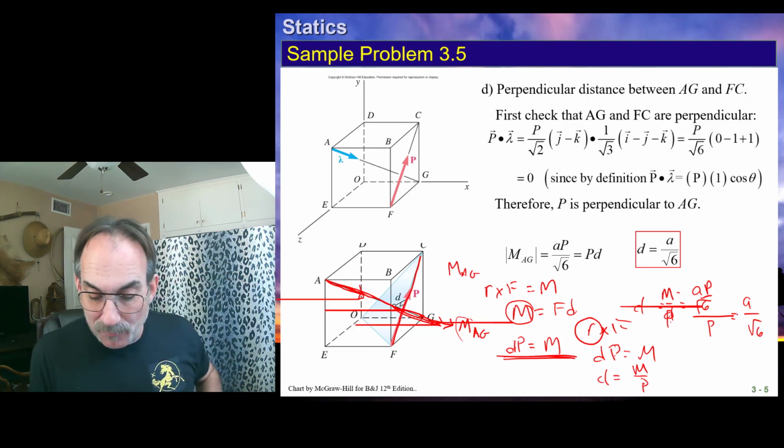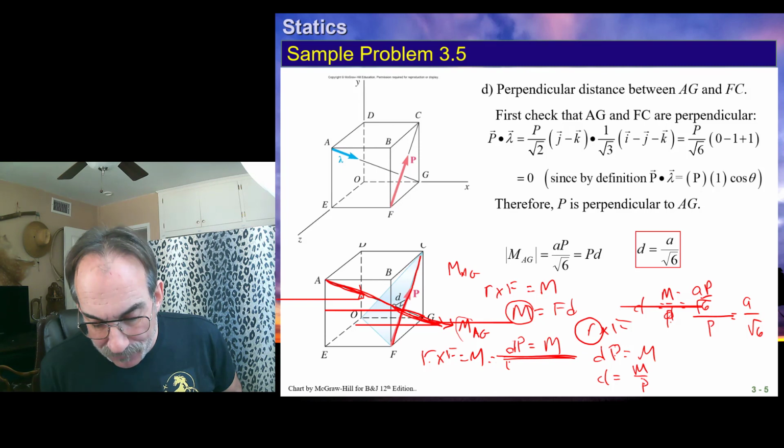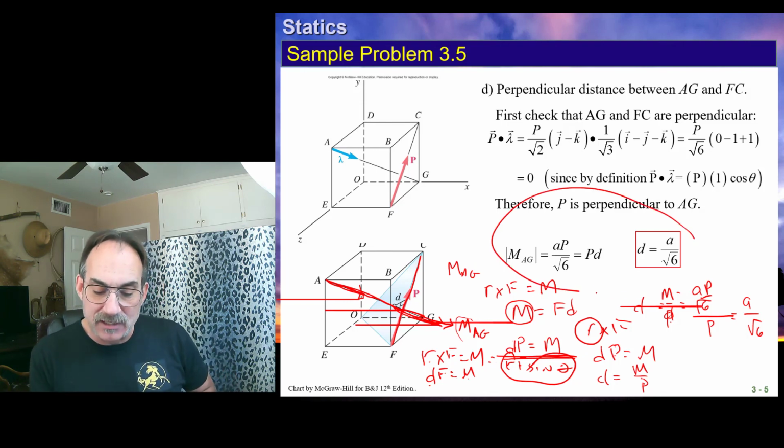So using that principle, since we already have the moment, R cross F equals M, and since this distance is perpendicular, it's also equal to RF sine theta, and R sine theta is just the perpendicular distance, which means DF equals M. Solving this, D equals M over F, and that's what we're doing here.